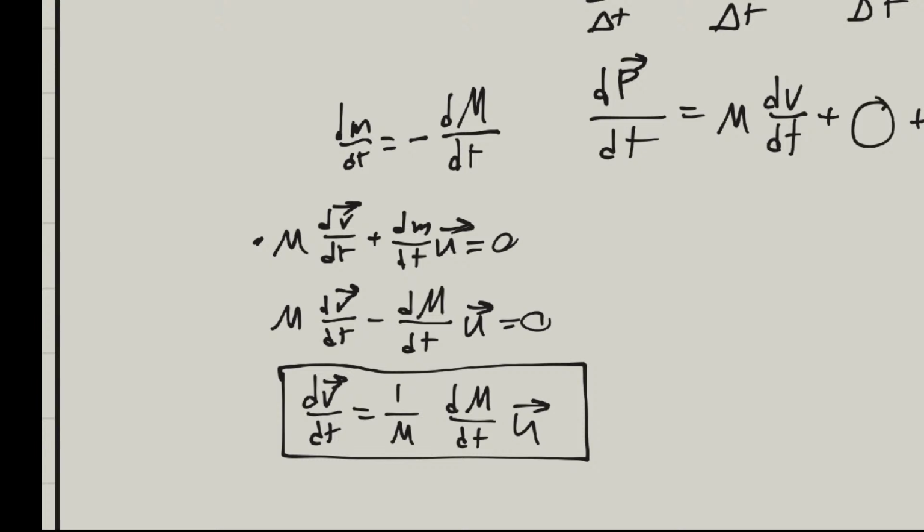Okay, so let's see. Where were we? Okay, so we found the change in velocity, and sorry, not with respect to time. Crucially, we found the change in velocity with respect to the amount of fuel being shot out every second. And what's interesting is that the variable t is not here.